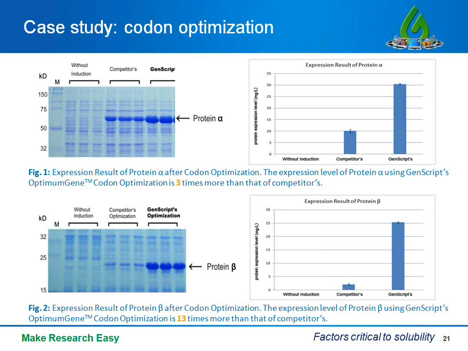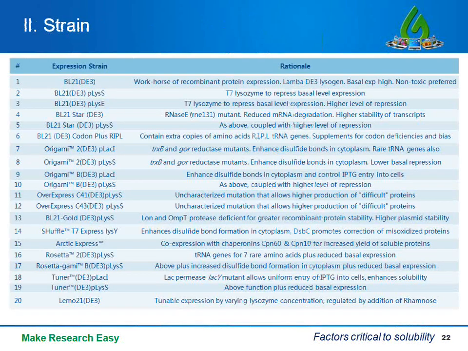The effect is heightened in case of protein beta on the lower panel, nearly 13-fold improvement. While data is not shown here, the comparison between no codon optimization and codon optimization using our platform was also striking in both these cases.